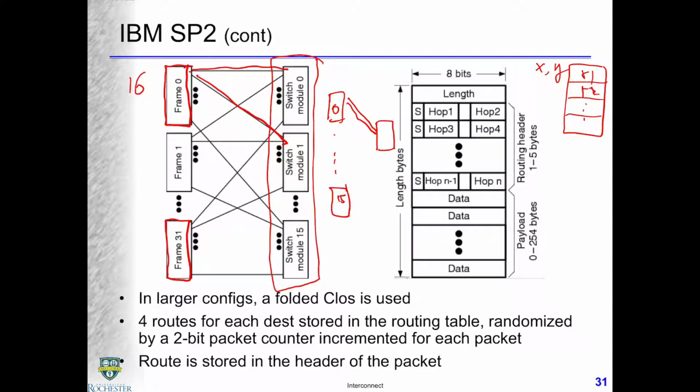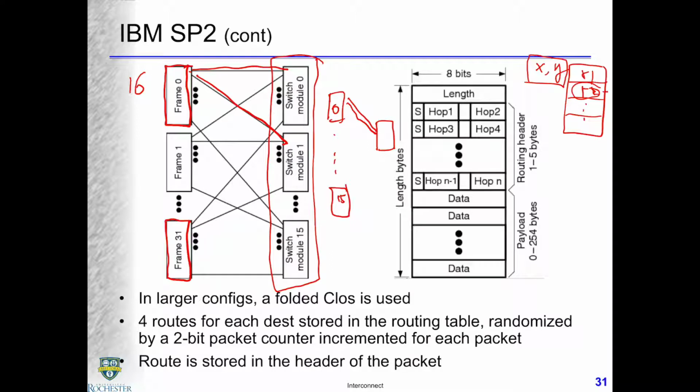You have 4 routes stored in the routing table. Each one actually has a counter associated with it. So if I encounter a packet that wants to go from X to Y, I would choose one of the routes, and I would increment the counter. This means I've done this. So if I look at the counter, I know which one was used. So I can randomize.